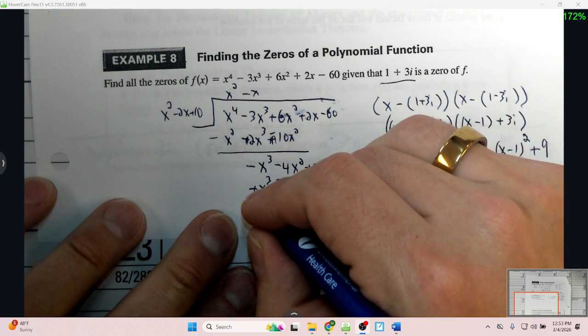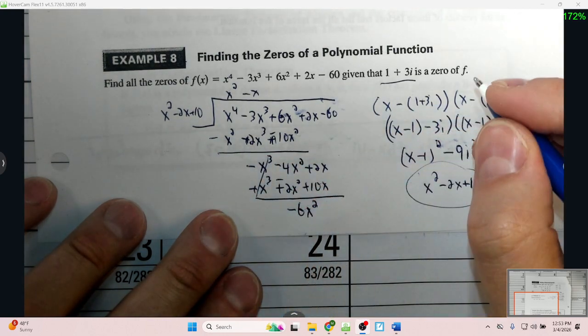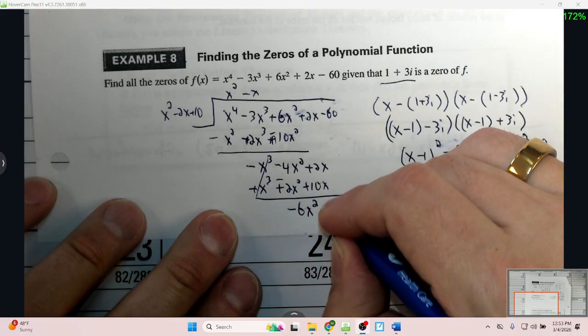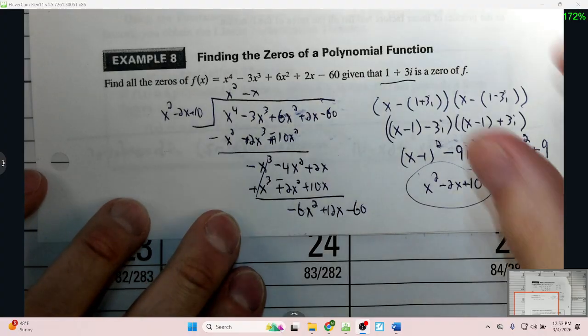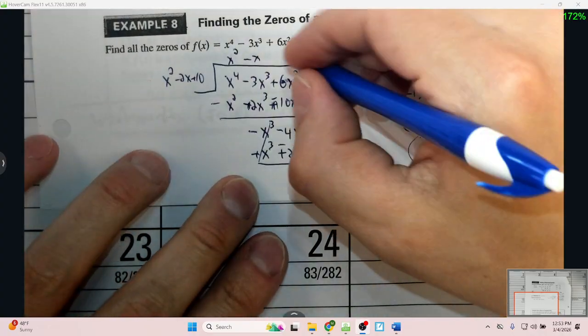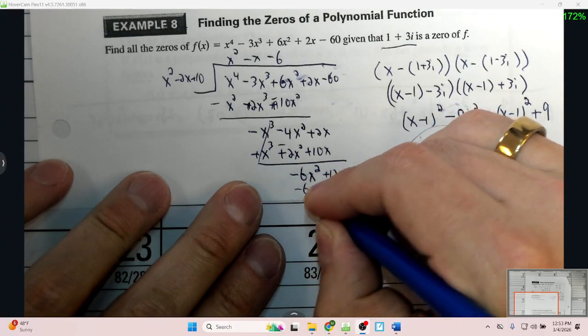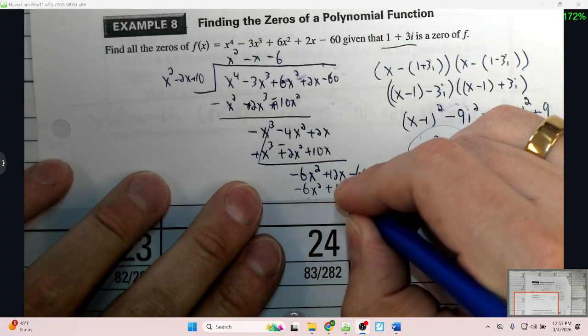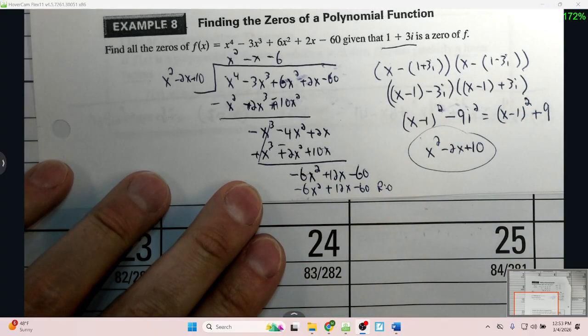I hope I don't make any mistakes here. Negative 6x squared plus 12x minus 60. Would love for this to go in nice and even, so hopefully negative 6 is the number, which is negative 6x squared plus 12x minus 60, and the remainder is 0.